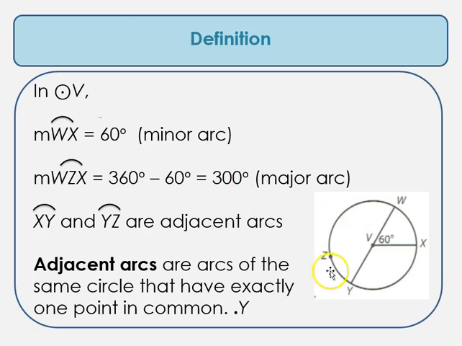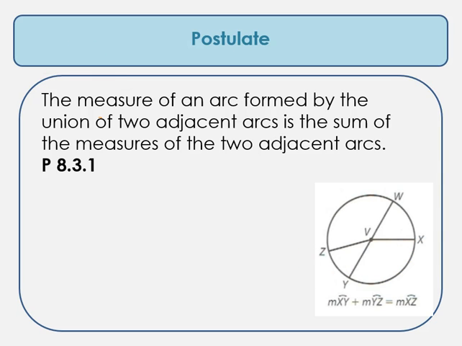XY and YZ are adjacent arcs. They're next to each other. They share point Y in common. The measure of an arc formed by the union of two adjacent arcs is the sum of the measures of the two adjacent arcs. This is postulate 8.3.1. This should sound familiar.